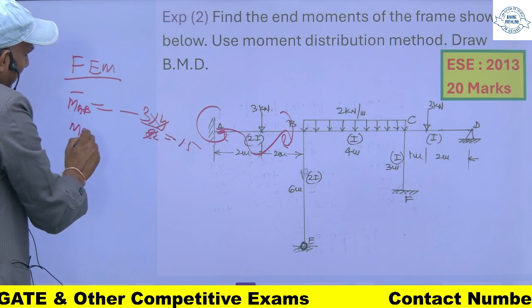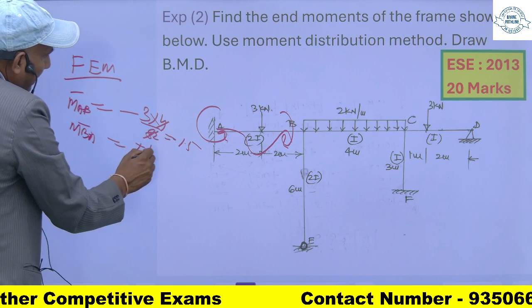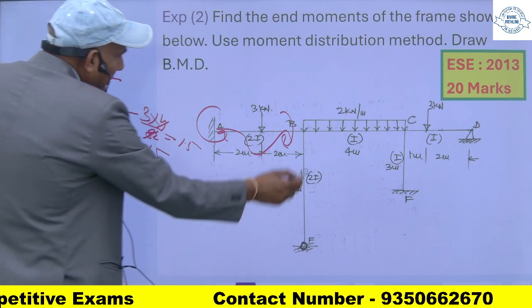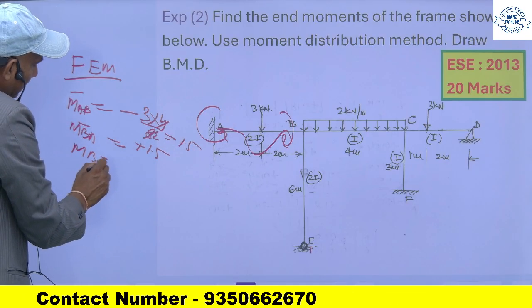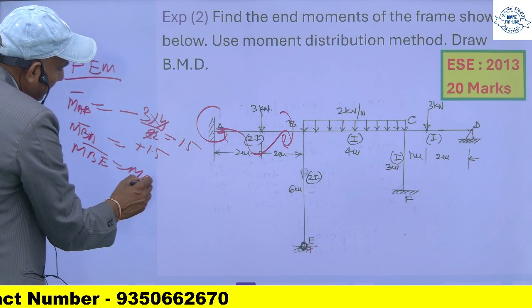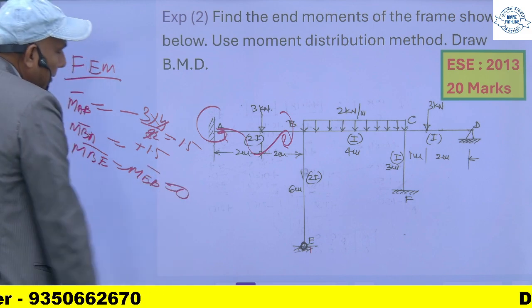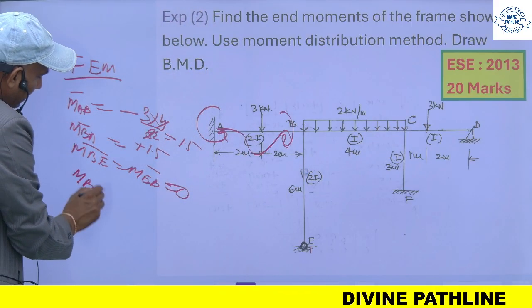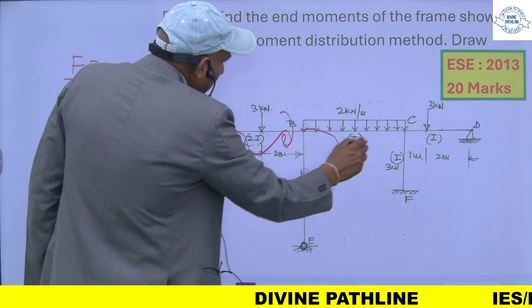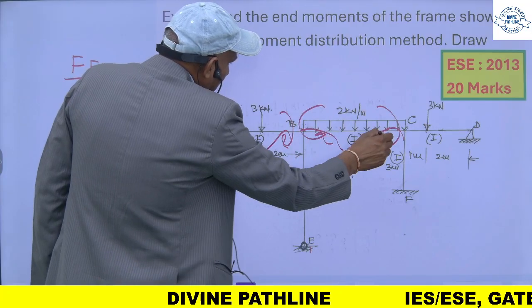And MBA will be plus 1.5. For this member, it is 0. MBE is equal to MEB is equal to 0. For this member, it will be MBC, and this will be anti-clockwise and clockwise.